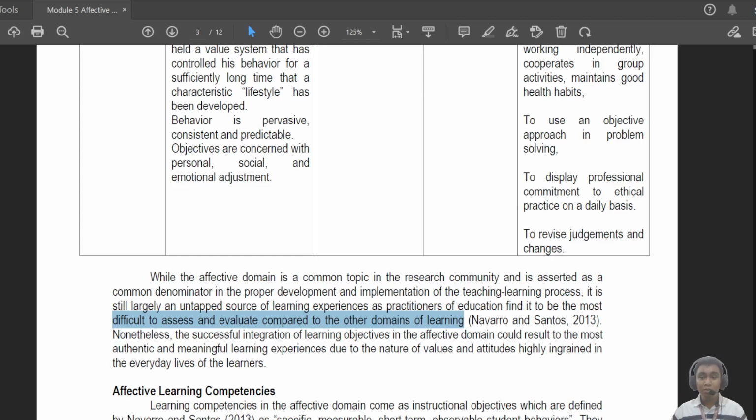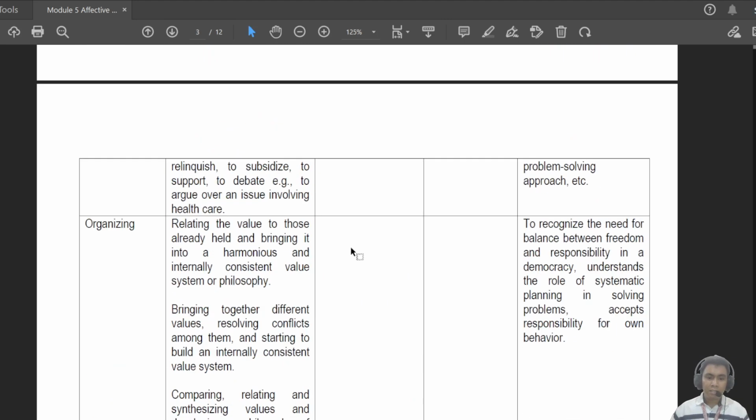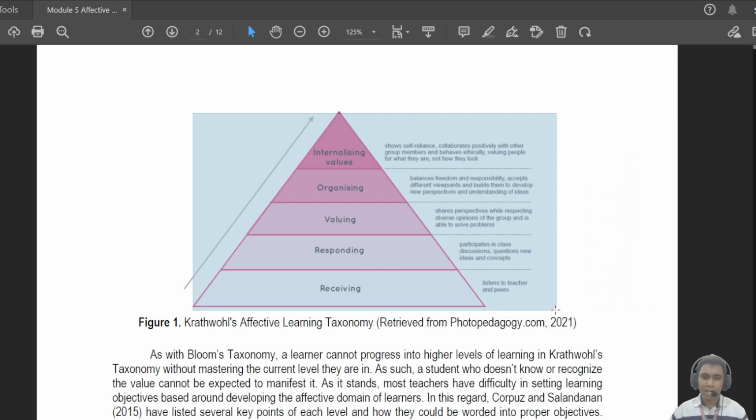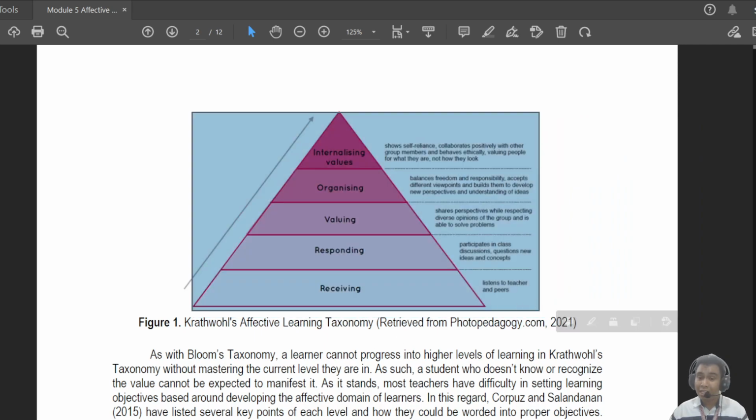And how do we do that? How do we ensure na meron tayong affective domain and affective objective sa lesson? We look back to the affective domain suggested by Krathwohl. Okay, and then we select which is appropriate for your lesson. Kung hanggang saang level.